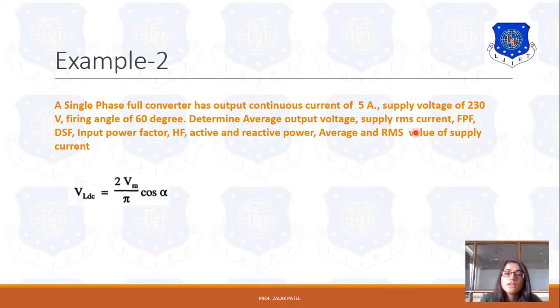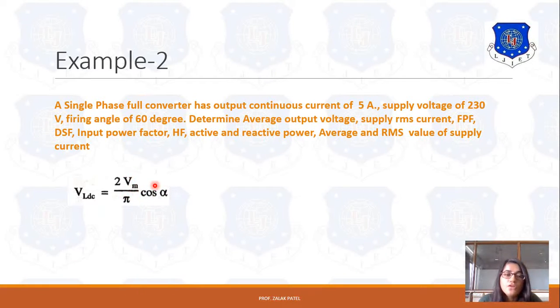First of all, the average output load voltage. In case of full converter, it is given by 2 Vm upon pi cos alpha. We have the value of the RMS voltage, this is 230 volt, and over here we have to put the maximum voltage value, so we simply multiply it with root 2.